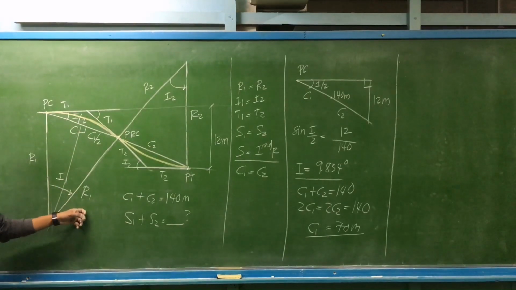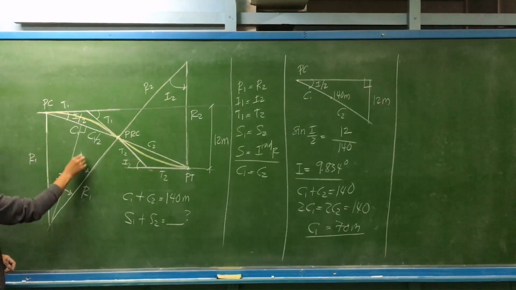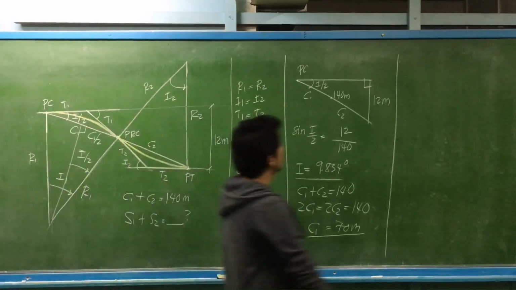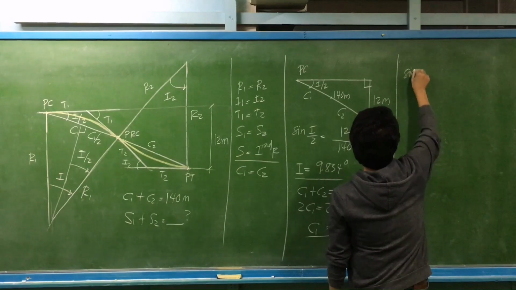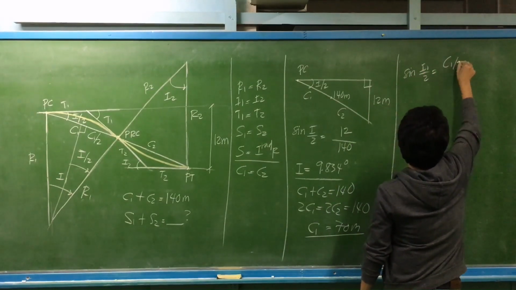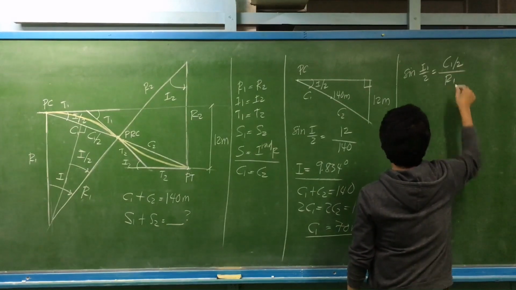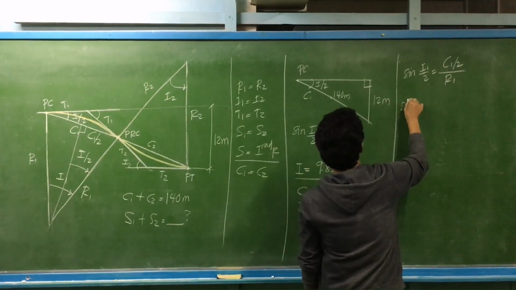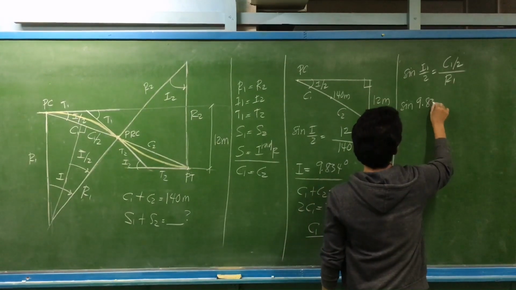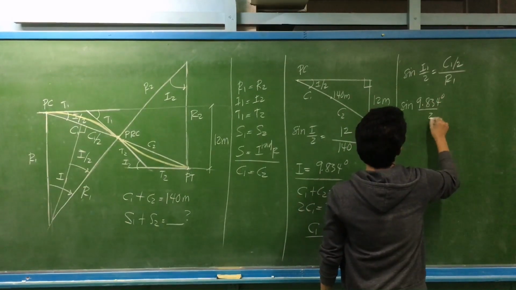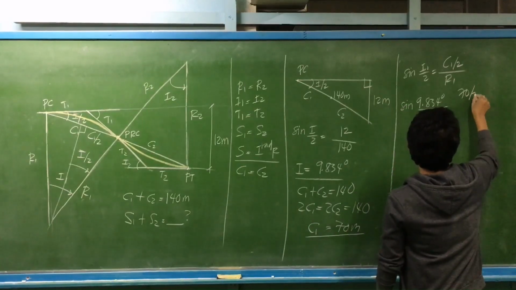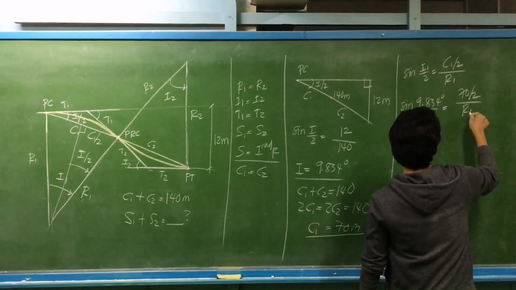What function? You can apply the function of sine. The angle is halved again, I over 2. So sine of I1 over 2 is equal to C1 over 2 divided by radius number 1. So this is sine of 9.834 degrees over 2 is equal to C1, that is 70 over 2, divided by radius number 1.